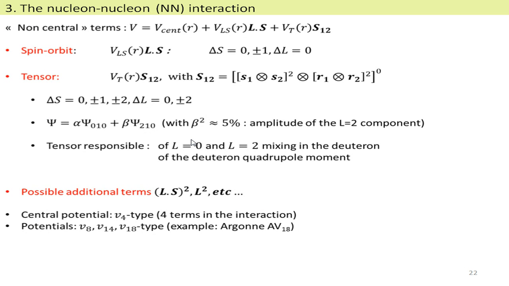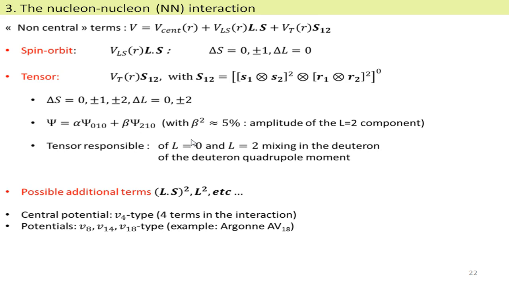Okay. So now a few words about higher order terms, non-central terms. Well, there can be many additional terms. I just wrote here a spin orbit term and a tensor term.